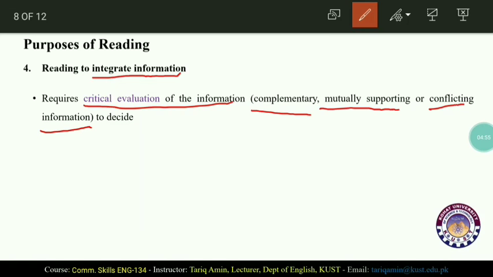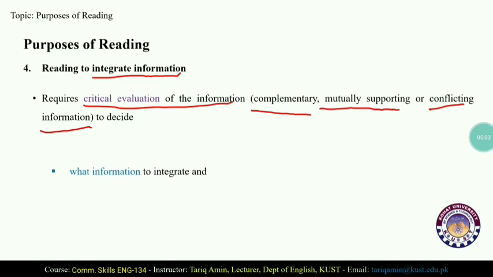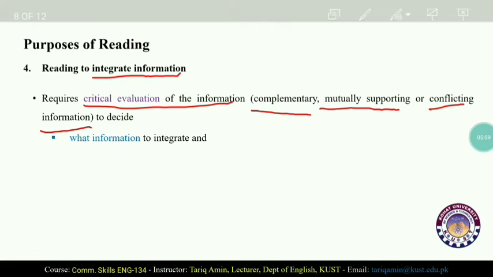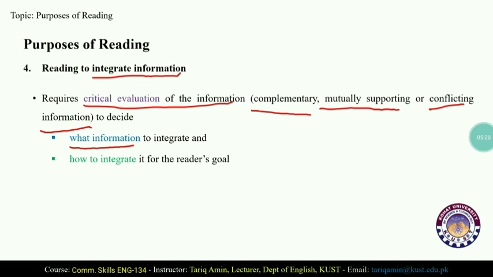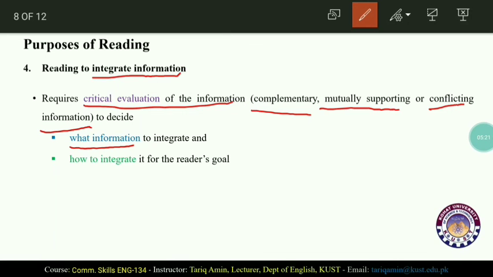Why do we do this? We critically evaluate the different types of information in order to decide what information to integrate. We decide what sort of information should be integrated, and how to integrate it for your goal.